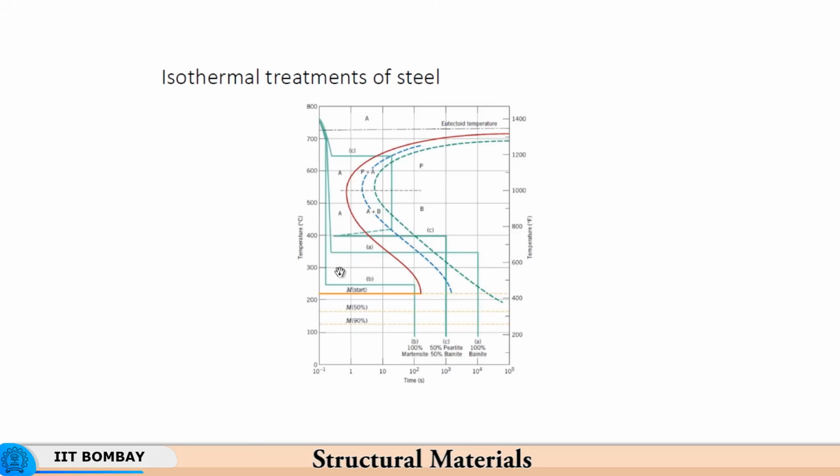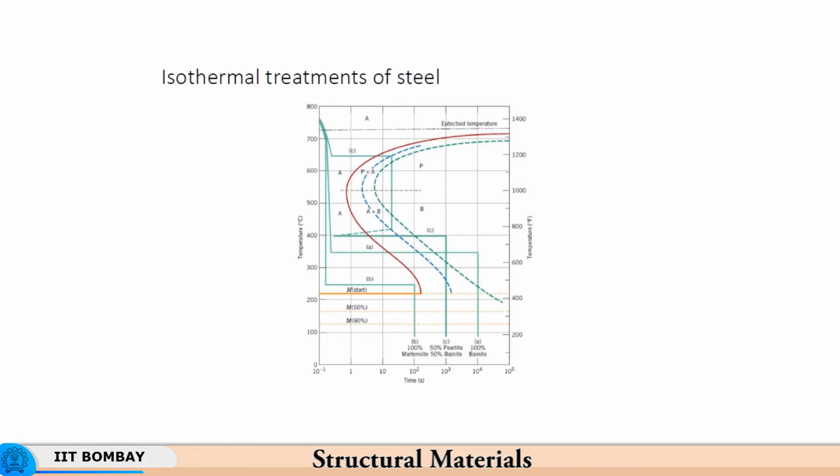Now, the advantage of holding here above martensite start is that you are not allowing it to form martensite. So, here by holding it at a relatively high temperature for a long period of time, the temperature gets equalized in the entire mass of metal that is being transformed.